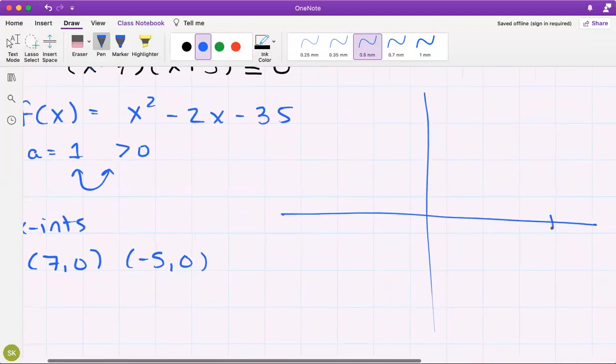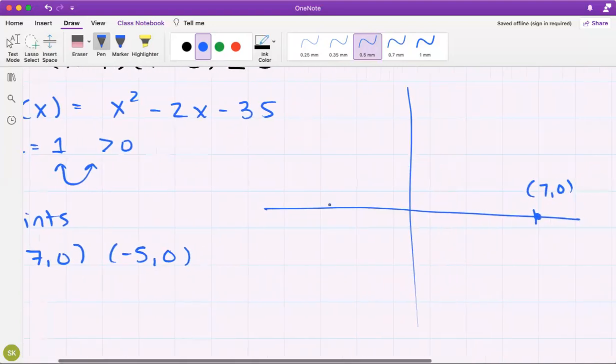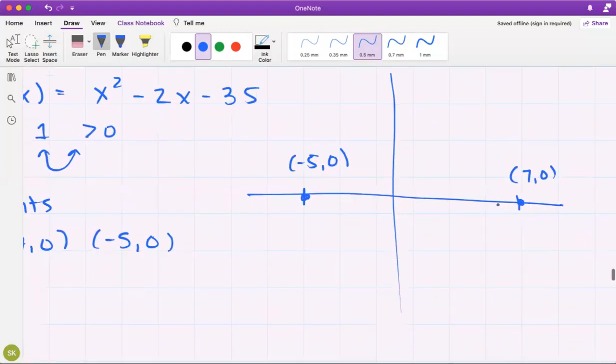So we have something at (7, 0), and we have something at (-5, 0). It's not quite as far out, so let's go about right here. We know 2 points that it's going through. Halfway between these two, now, because this is not -7, it's not going to be right on this axis here. It's going to be a little bit to the right. Let's say right here.